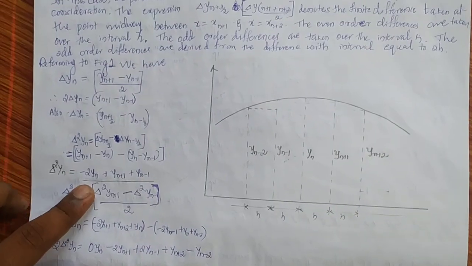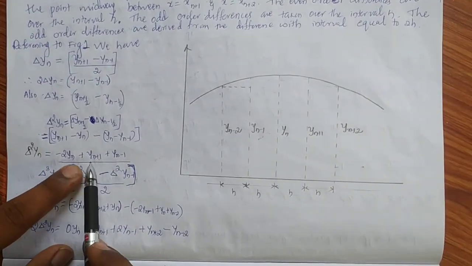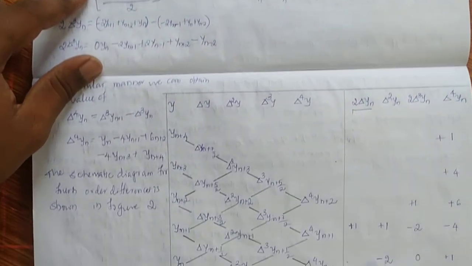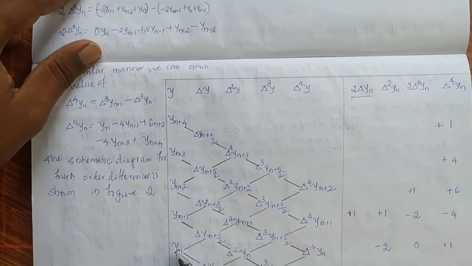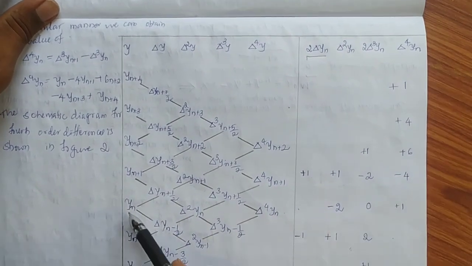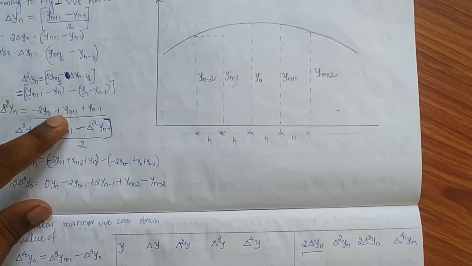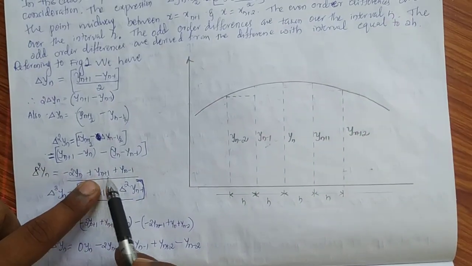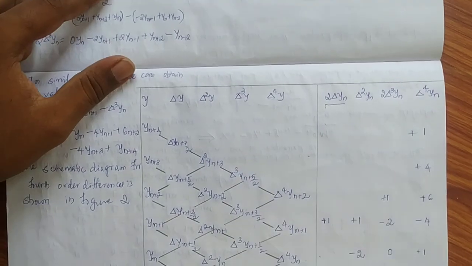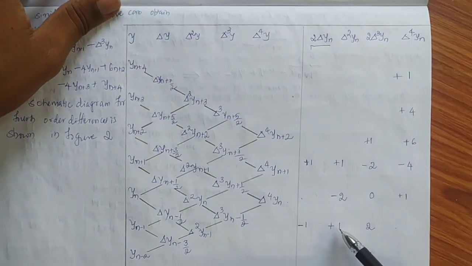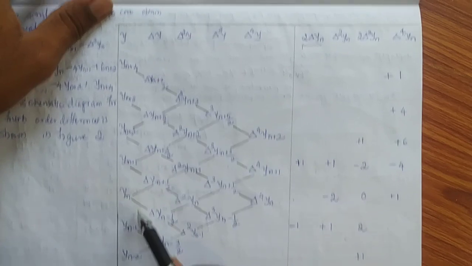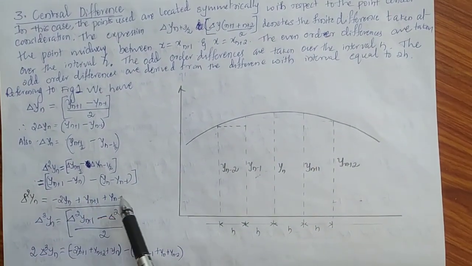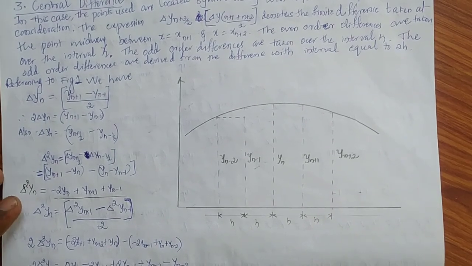You can see here. Okay, what happened? So 1 time yn plus 1, minus 2 times yn, and next 1 time yn minus 1. You can see here, right? So that's how you need to get these equations.